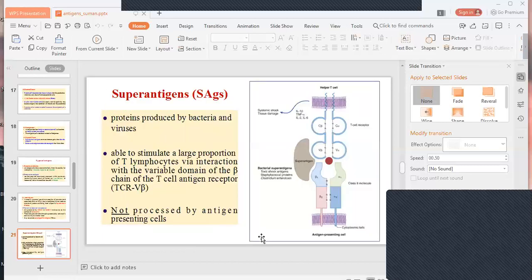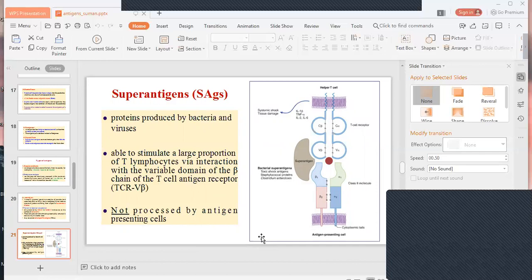Next is a different one, superantigens. What are superantigens? Superantigens are also exogenous antigens. Mostly they are of virus or bacteria origin. So, proteins produced by pathogenic bacteria or viruses.